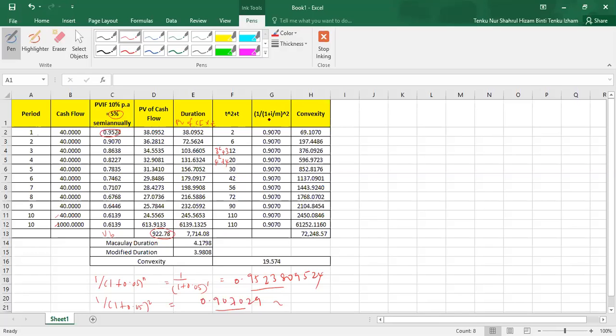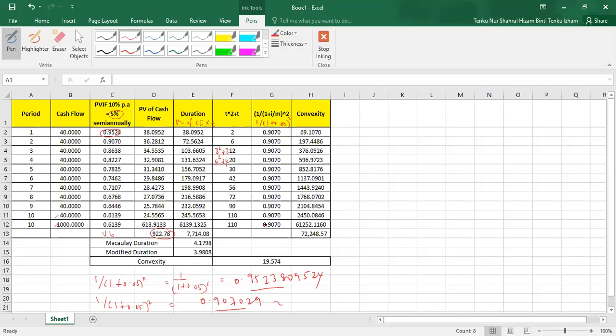Now we want to look into the second component, 1 divided by 1 plus I divided by n. Therefore, it will be a constant value until the end of the period. Since the I per n is 10 divided by 2, therefore 1 plus 0.05 power 2.